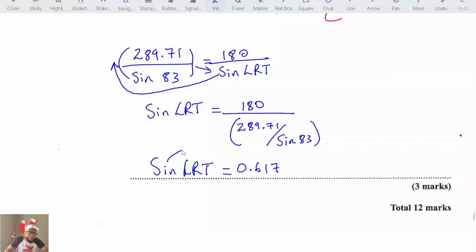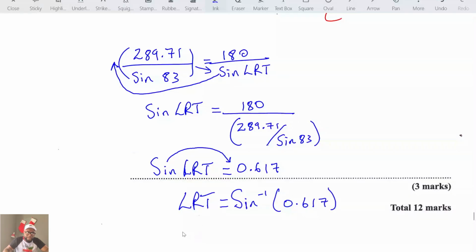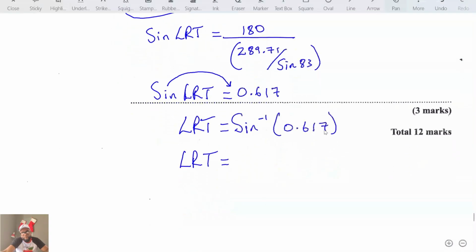So now we're going to move the sine alone on the side. When you move the sine alone, what does it become? Sine inverse. Sine inverse of 0.617. What is LRT? 38. 38 flat.